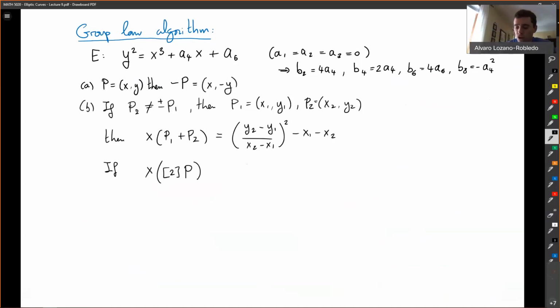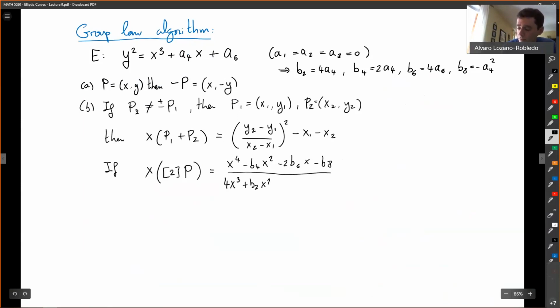So the multiplication by 2 on an elliptic curve is given by x to the 4 minus b4 x squared minus 2b6 x minus b8. That's why I told you I was going to need the b coefficients. And it's given by that formula.